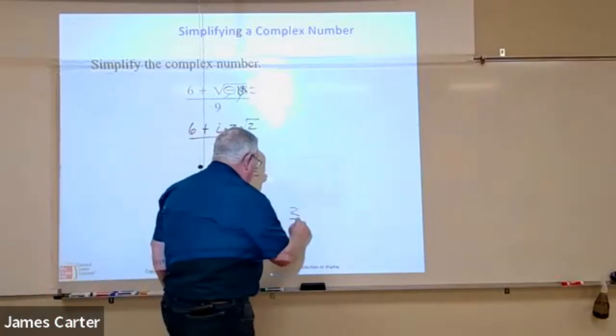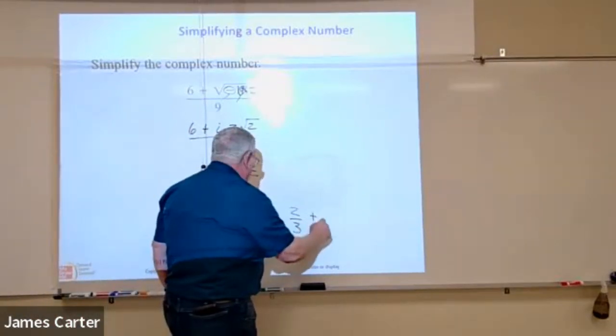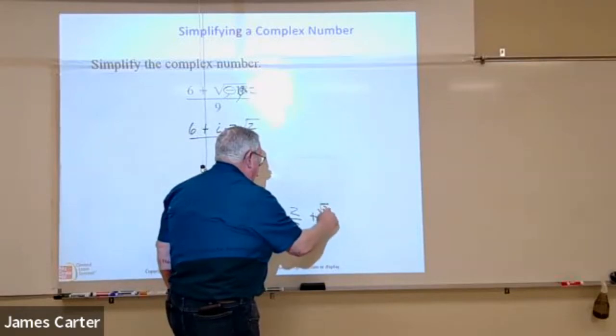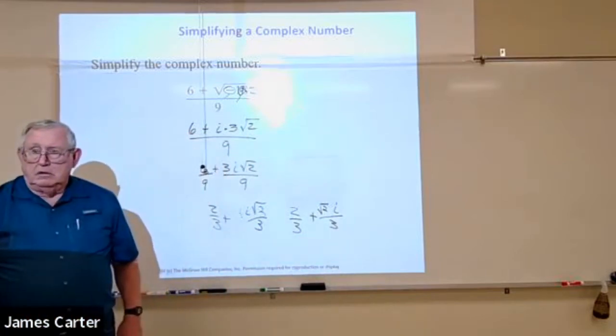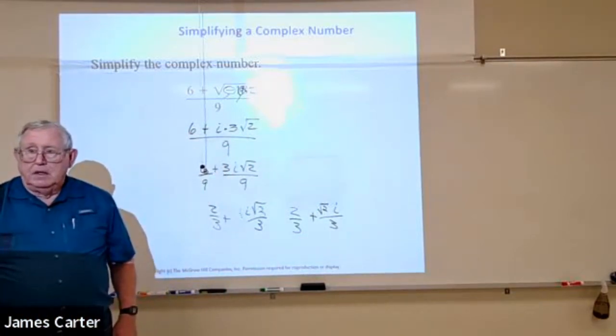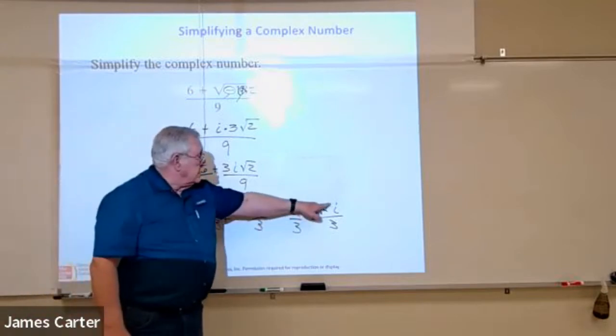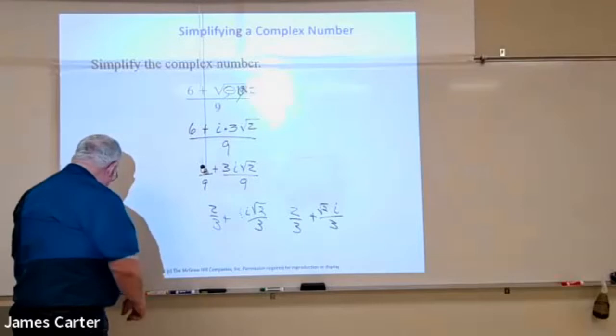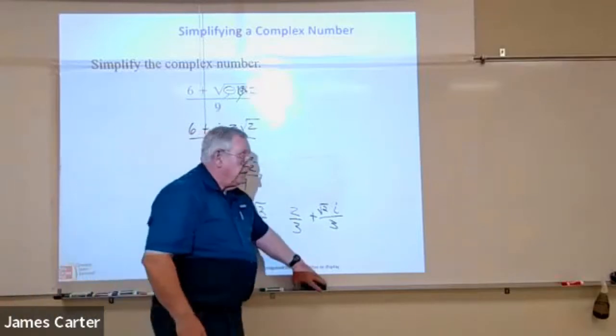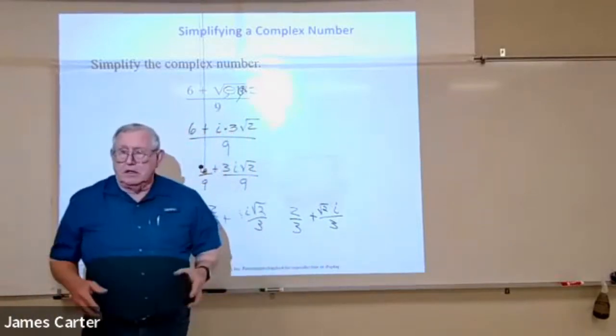If you wrote this 2/3 plus radical 2 i over 3, it would not be wrong. Just be sure that this doesn't extend over that. Now, that's the end of that chapter in the book.